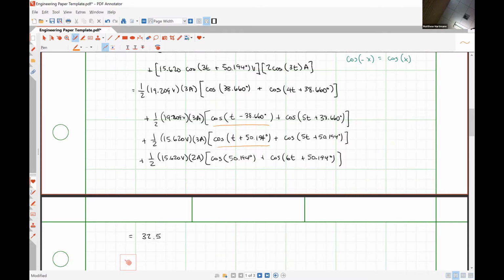And to that, I'm going to add 1/2 times 15.620 times 3 with an angle of 50.194 degrees.